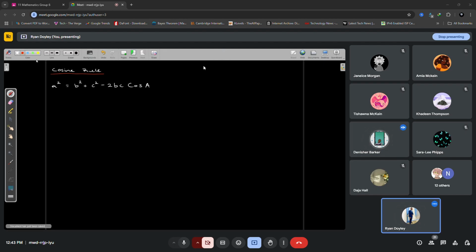So this is variation 1. Now variation 2: b squared is equal to a squared plus c squared minus 2ac cos B. It's basically the same thing, but we're just starting with a different unknown or different variable.